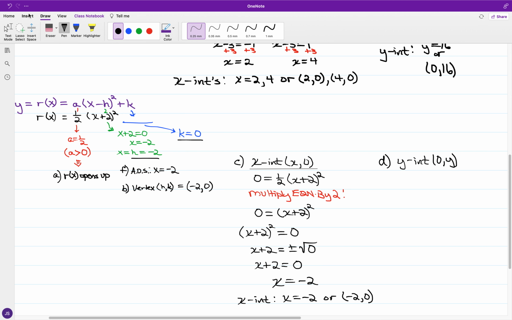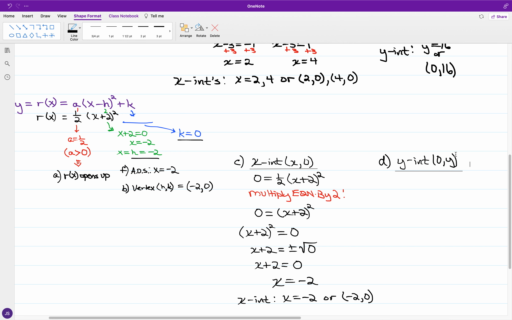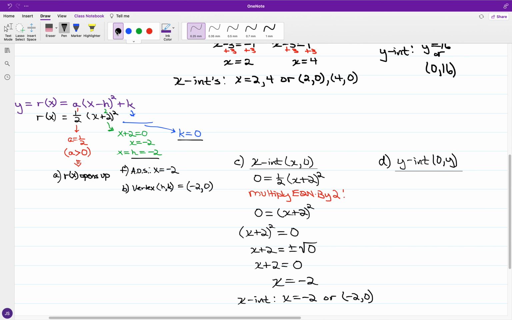For the y-intercept, we're looking at what y is whenever x is at 0. So here, y equals r of x is going to be y equals r of 0, which is equal to 1/2 of the square of 0 plus 2.